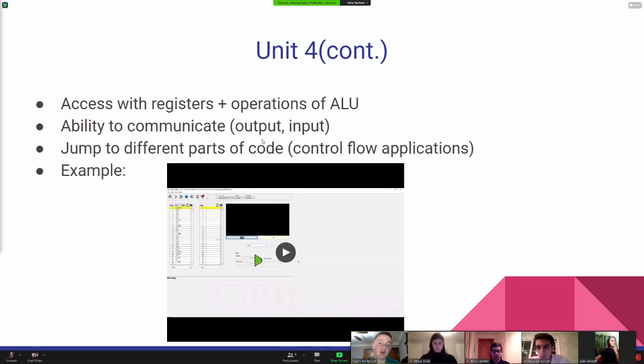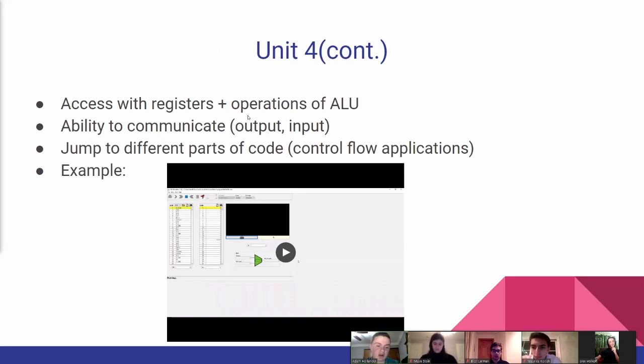And one other important point about machine language is the ability to communicate and receive data from the user. For instance, on a laptop, that would include your mouse, your keyboard, your screen, and coordinating all of those aspects is a key function of machine language.